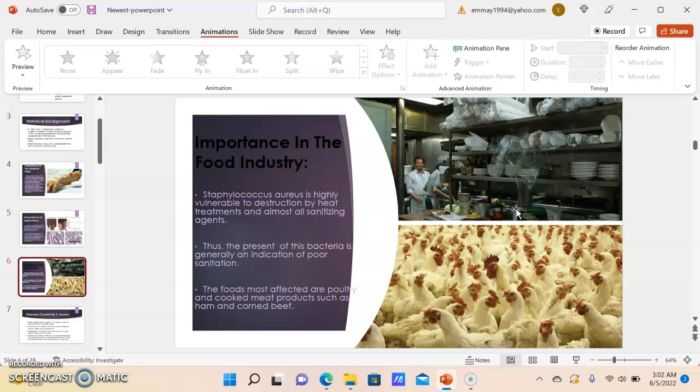It's highly vulnerable to destruction by heat treatments and almost all sanitizing agents. So if your kitchen is properly cleaned, you shouldn't have a problem. If you have poor sanitation or restaurants that have poor sanitation, that's how it's easily spread.